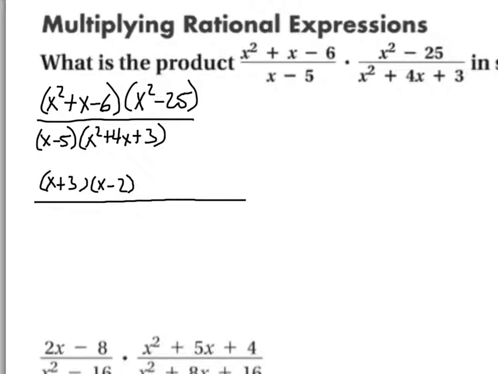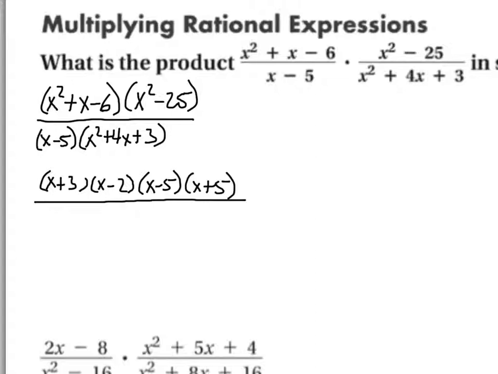Now we're looking at that second binomial on top, x squared minus 25. How's that factor? X minus 5, x plus 5. That's exactly right. X minus 5 times x plus 5. Now we need to take a look at the denominator. Is there anything we can do with the x minus 5?